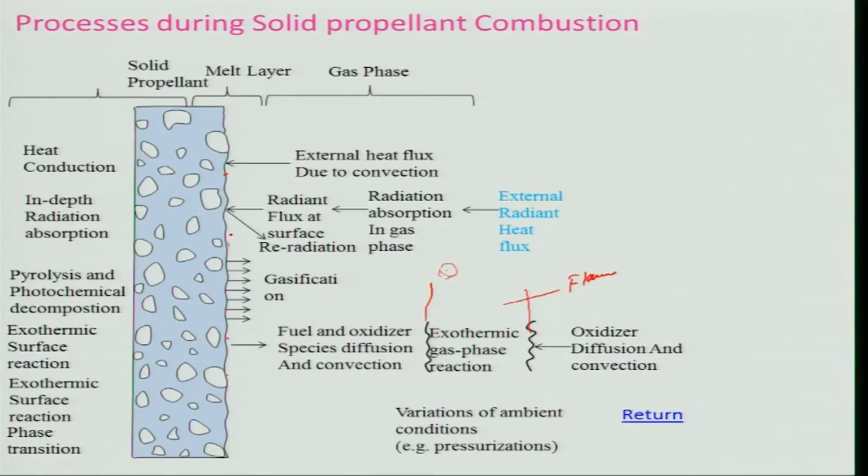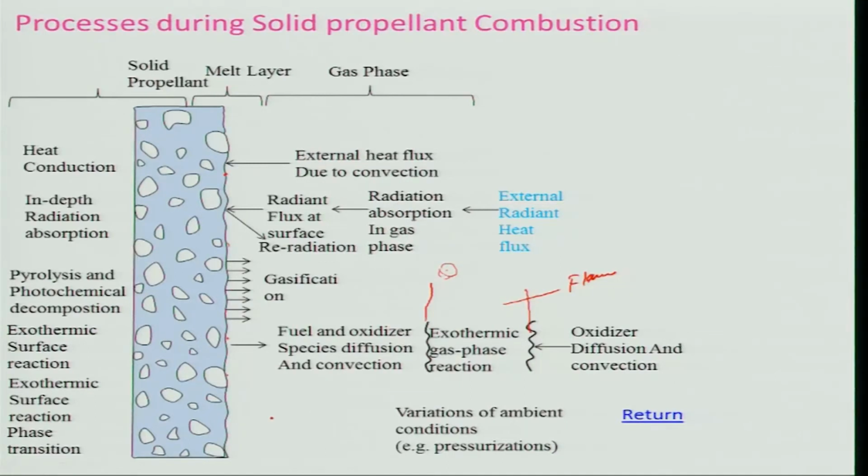You might have seen when you put wood into the fire, water bubbles out, because water is there. Similarly, in this propellant, water will not be there, but some constituent will first be converted into liquid. It is not that all of the propellant will do this, but some of them will. And then heat can be transferred by convection. It can come to the solid surface by conduction, and it can come by radiation.